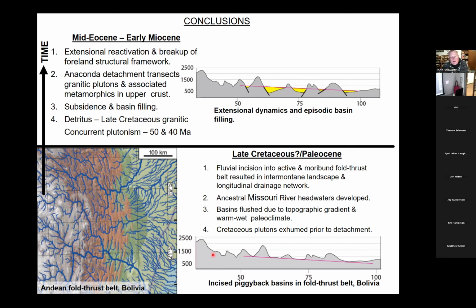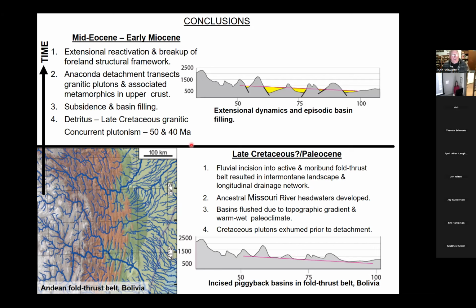This profile here is from the Bolivian fold and thrust belt, and it shows a profile similar to the Montana topographic profile, but these are incised basins in an active fold and thrust belt, and the term given to those basins is piggyback basins. They develop on top of active orogenic wedges. They may be empty because they're flushed clean, to partially filled to nearly fully filled.